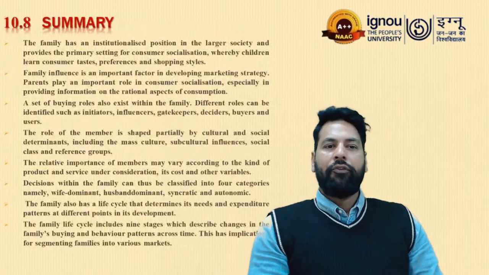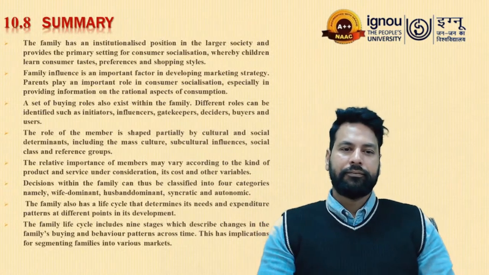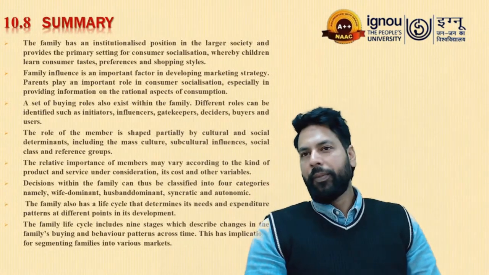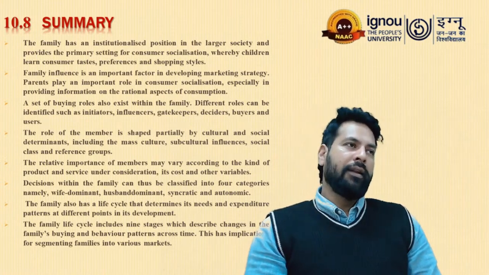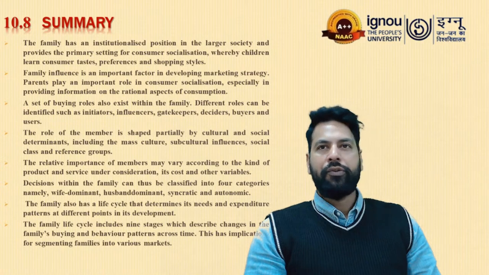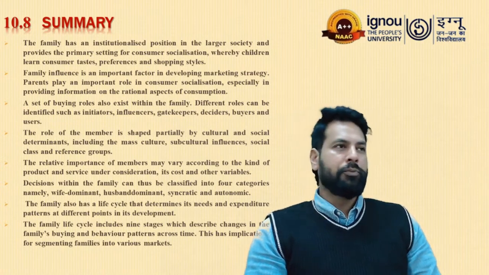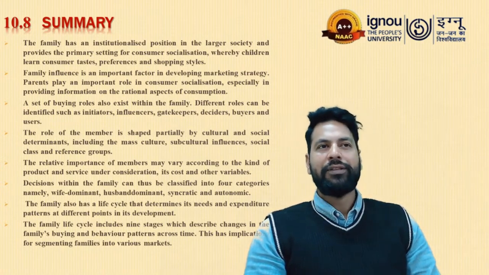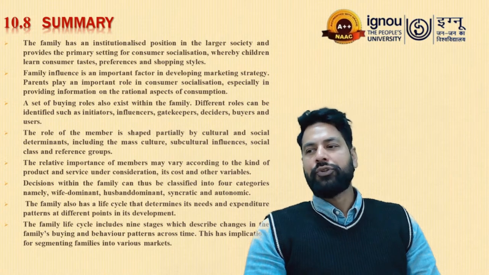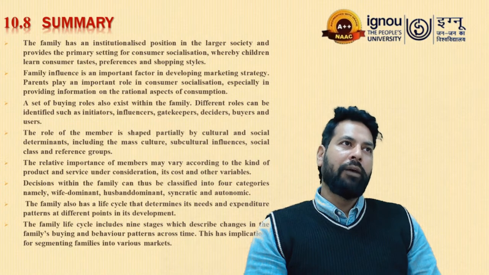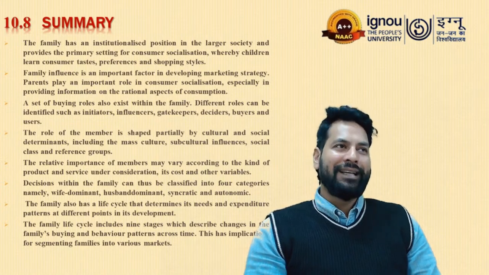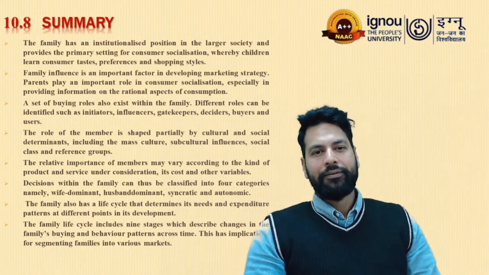We'll move. Now finally, we have finished up this unit number 10. Here we spoke about the influences of family. We also spoke about the intergenerational influence. We spoke about consumer socialization. We spoke about different stages in family life.